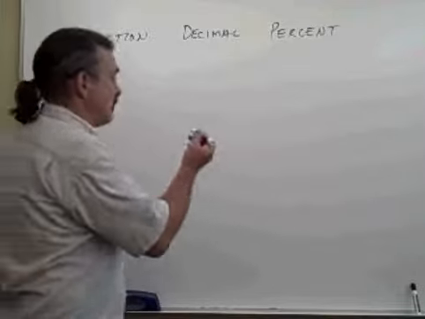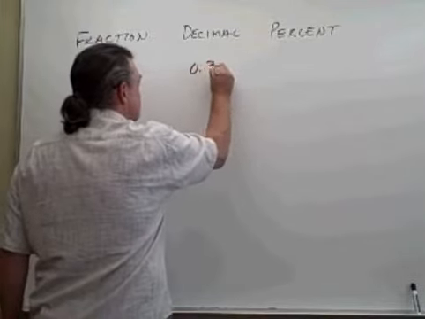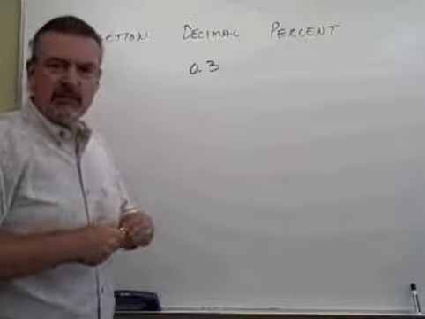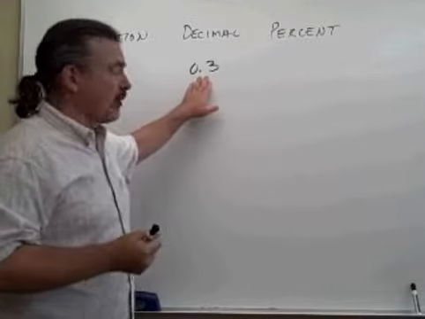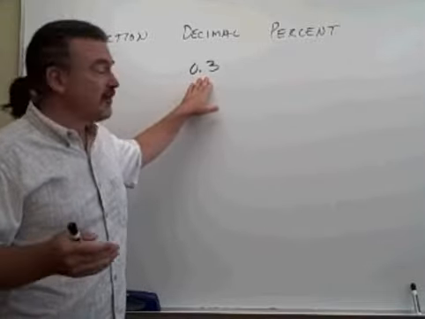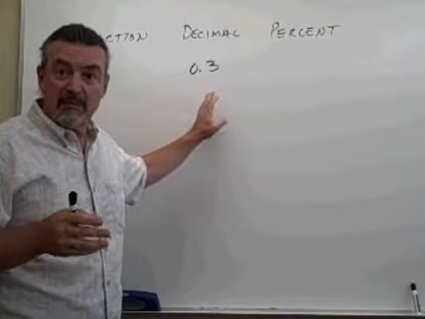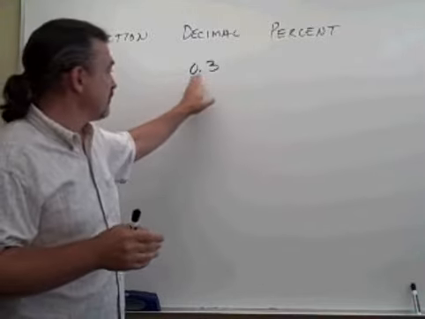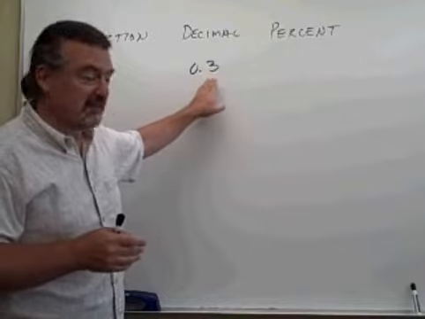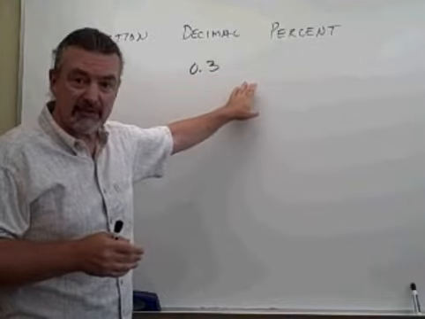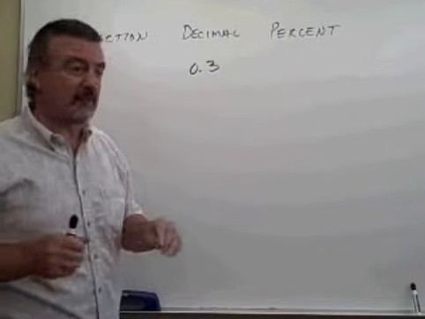If we have the decimal 0.3, or more properly read, 3/10. Remember your decimal places? The first one to the right of the decimal point is tenths, then hundredths, then thousandths, 10,000ths, and so on.